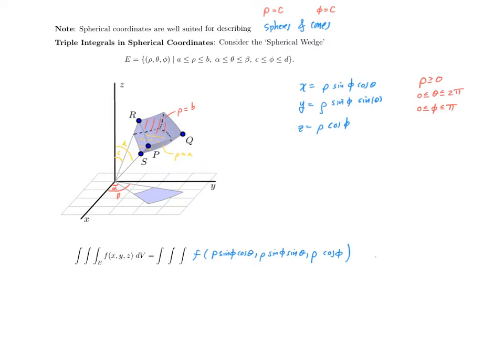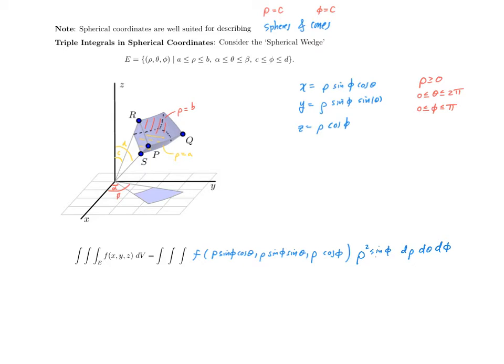Furthermore, though, the dV needs to be written in terms of spherical coordinates as well. So there's going to be a d rho, d theta, d phi, and similar to the r dr d theta with polar coordinates or cylindrical coordinates, we need to add something additional. And that additional thing that we need to add is rho squared sine of phi.